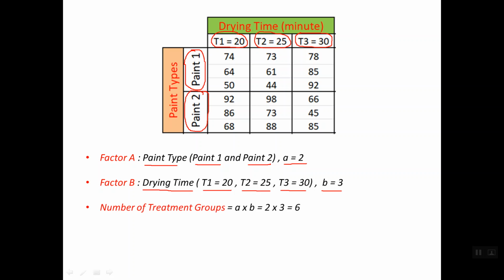Regarding the number of treatment groups, simply we multiply the two levels, A times B. We have two levels for A and three levels for B, so we have a total of 6 treatment groups. For example, this group here contains the records for the use of the second paint and the drying time for 30 minutes.